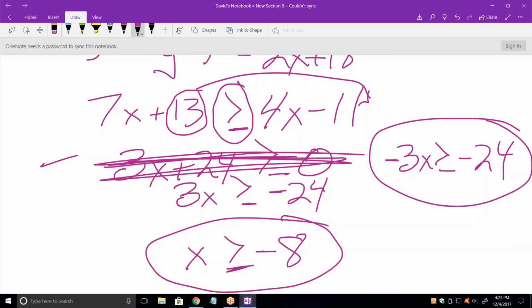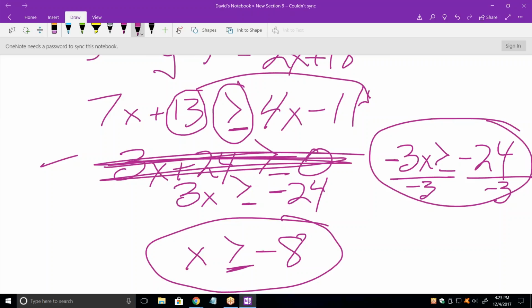That coefficient is negative 3. So if I divide by 3, I'm going to be left with a negative x. Well, that's no good. I want my answer to be x. So yeah, I got to divide by negative 3, both sides. And since I'm dividing by a negative number, what do I have to do with the inequality sign? Change it, like switch it.